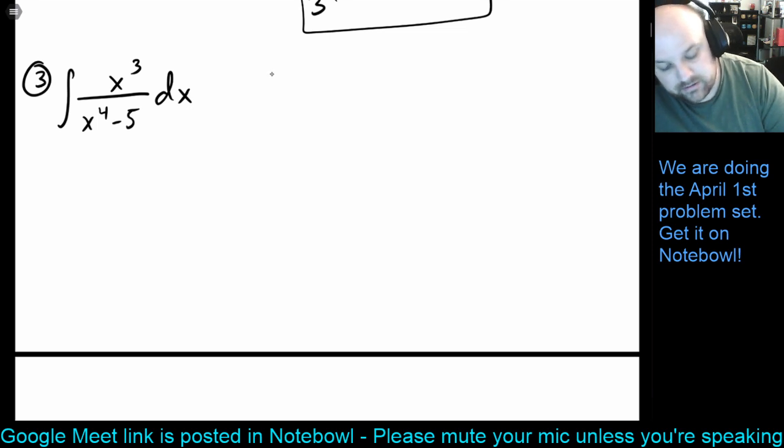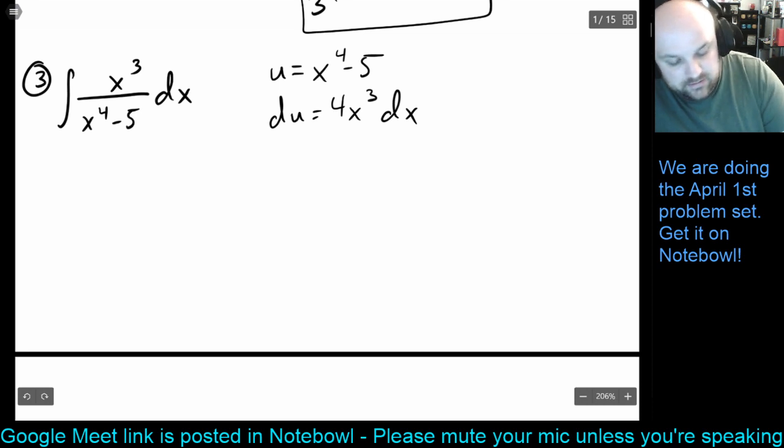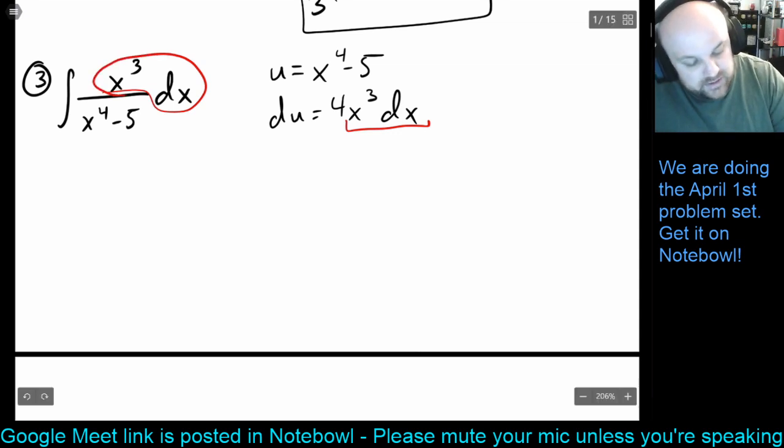All right, so here, u equals x to the 4th minus 5, du is 4x cubed dx. So this x cubed dx part is right here, which is nice. I do have to get this 4 out of here.